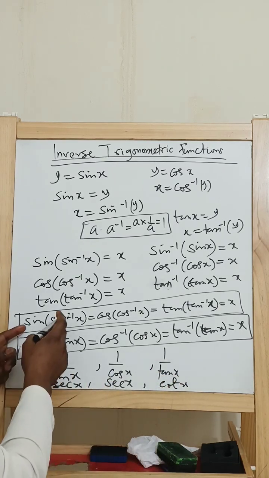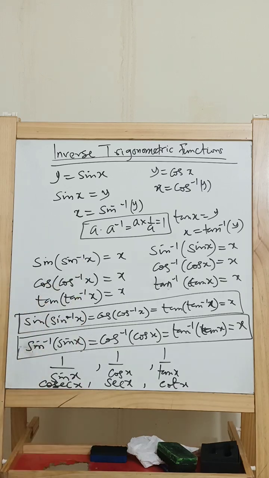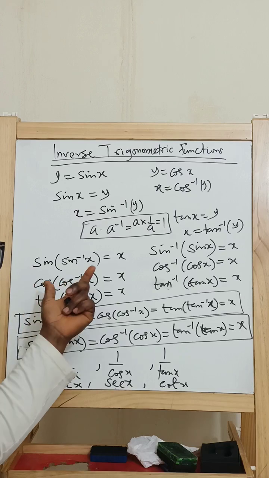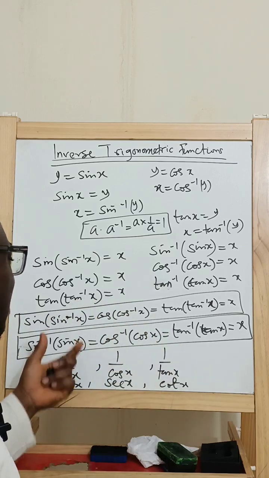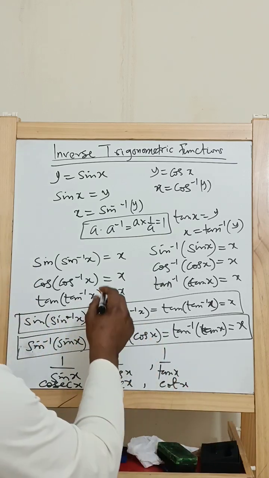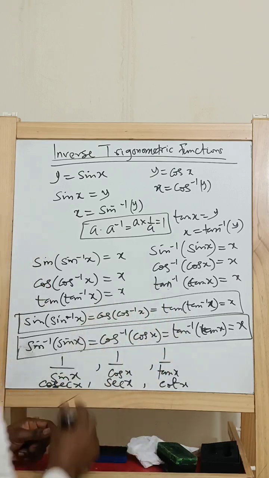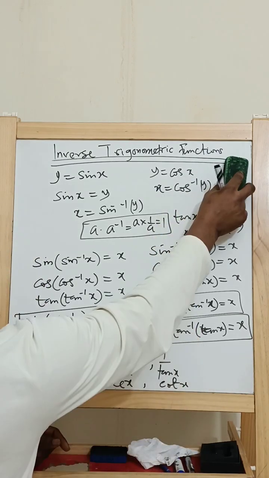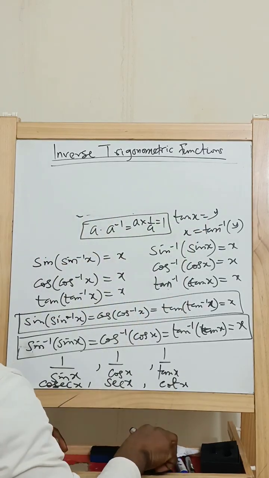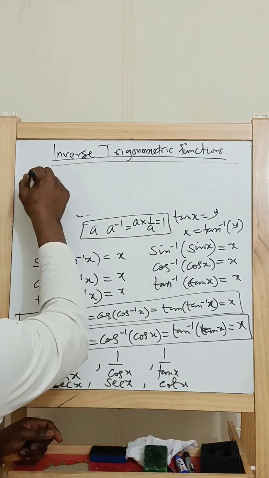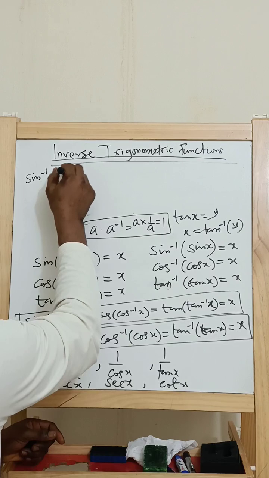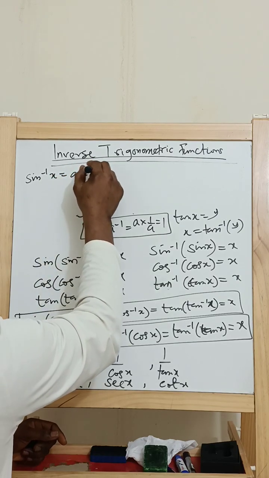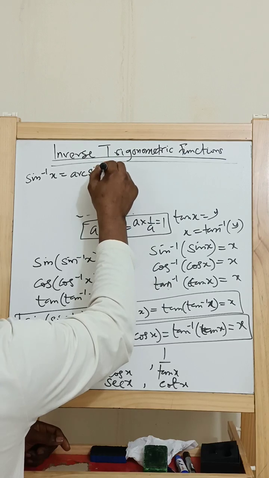They are different from sine inverse, or what we call arc sine, arc cos, or arc tan. At times we write them like that. That is, sine inverse of x is the same thing as arc sine x.